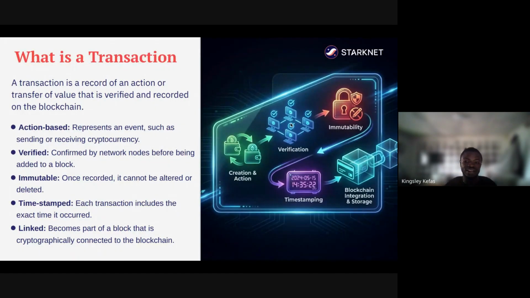Verification. So it has to be verified, right? After it has been verified, it gets added to what? The block itself. And then after it has been added to the block, you have the time it was verified and all that, and then it gets stored on what? The blockchain. It's as simple as that.